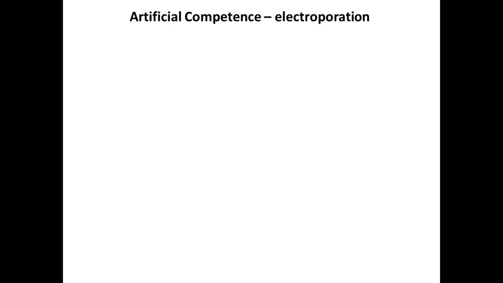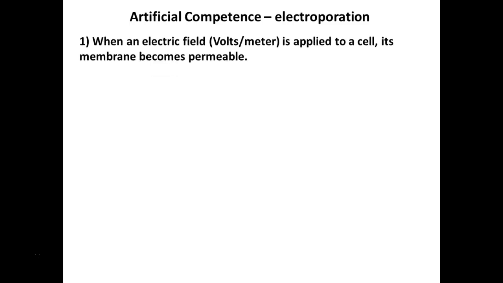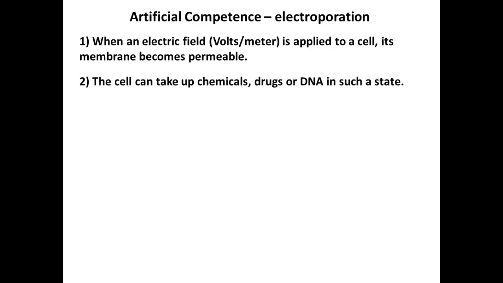There are two main ways that scientists use to make them competent so that they will take up the DNA and therefore be able to be transformed. You can do electroporation, and as the name implies, right, we use electricity to force the DNA into the cells, right, makes the membranes more permeable by hitting it with the electricity, and therefore the DNA is able to be taken up.